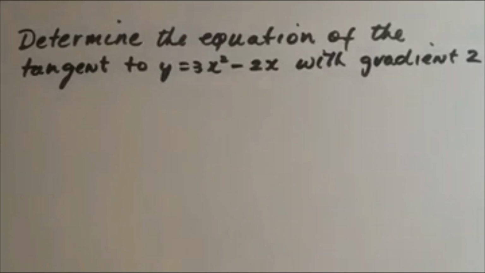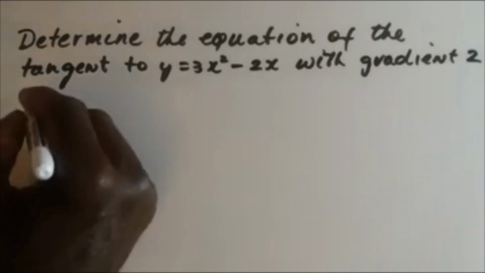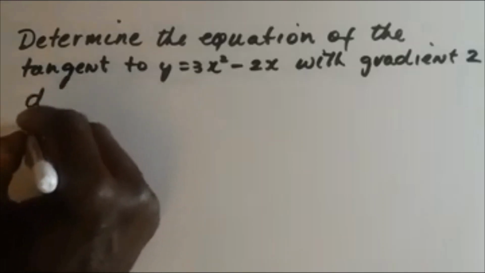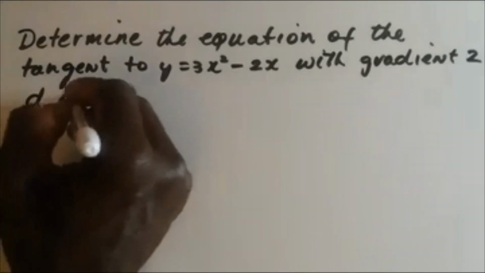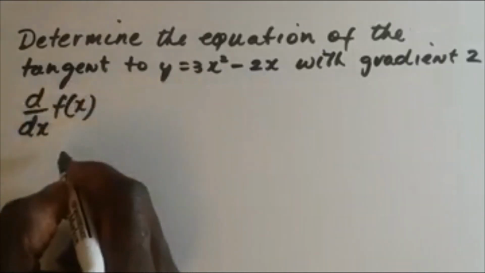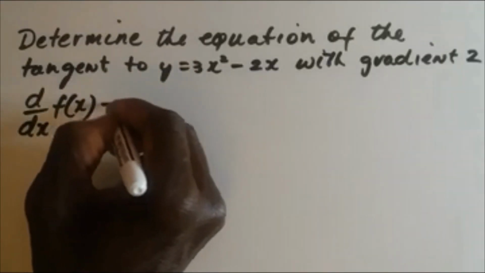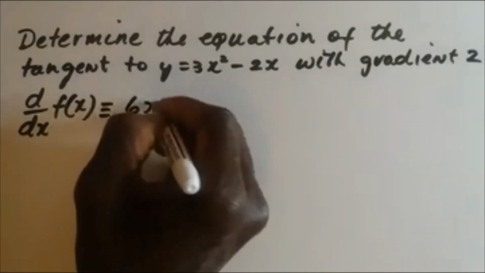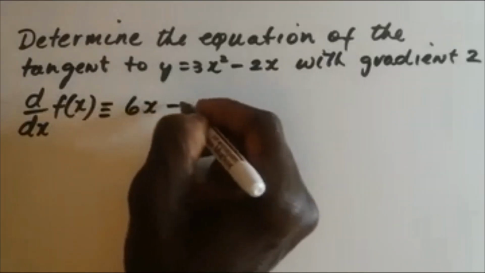Hi, how do we determine the equation of the tangent to y is equal to 3x squared minus 2x with gradient 2? Well, we're told that the gradient is 2, that's the value of the gradient. Now we can go ahead and find the gradient function of the curve by differentiating f of x, which is 3x squared minus 2x, to get 6x minus 2.